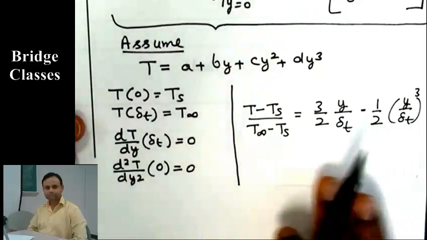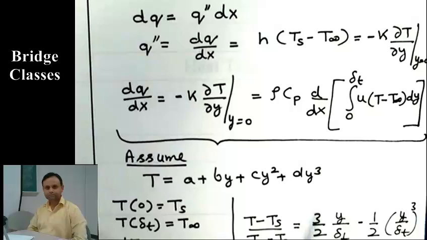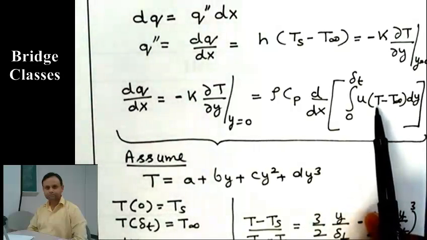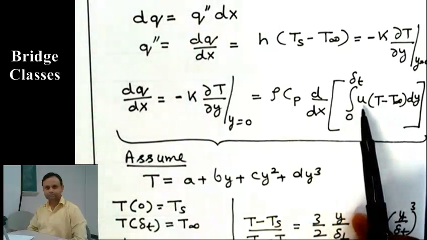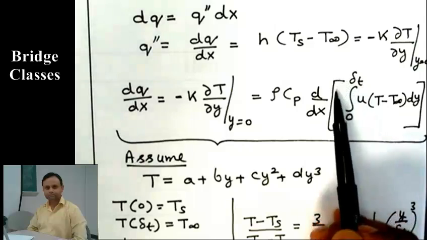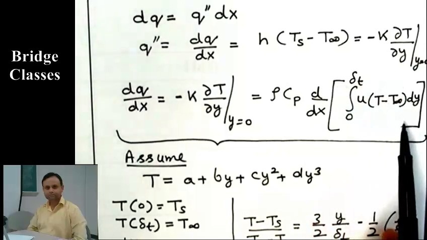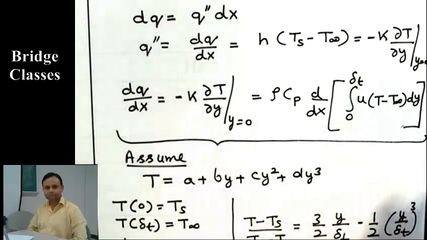We can substitute this temperature distribution in this equation now, and we have a formula for u also, the velocity profile we assumed, and integrate this. Then apply this formula. I'm just going to write finally what you get.